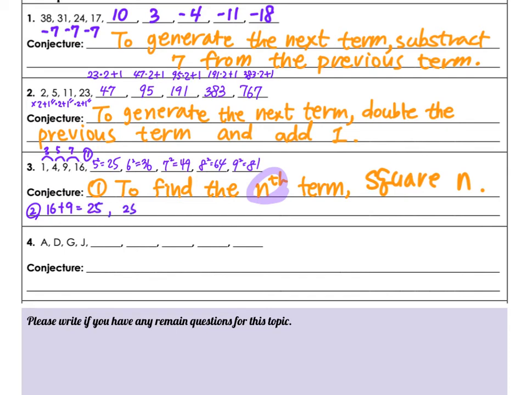And the next one is 25 plus 11, that's 36. 36 plus, that's right, 13, will be 49. And what's the next one? 49 plus 15 will be 64. And 64 plus 17, that's right, 81.